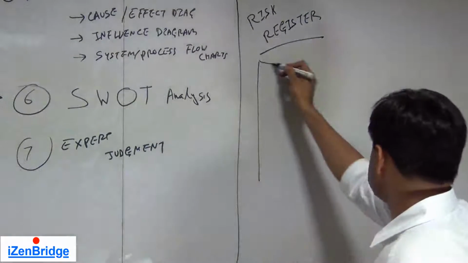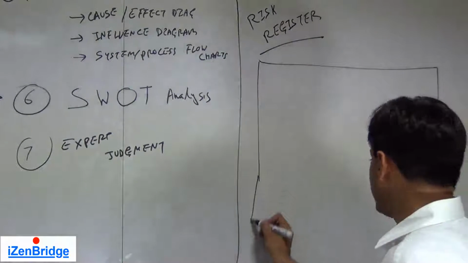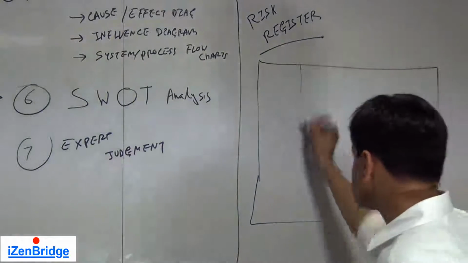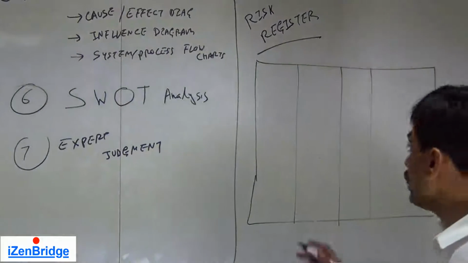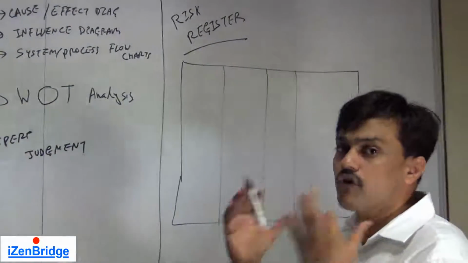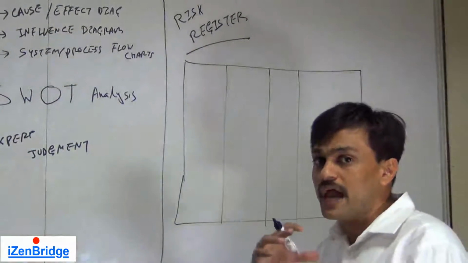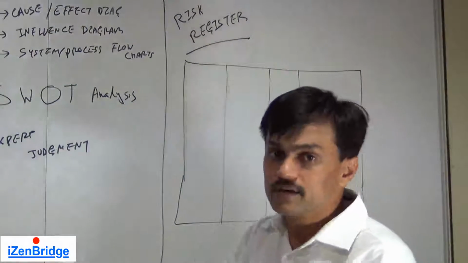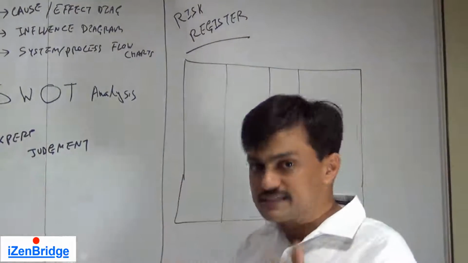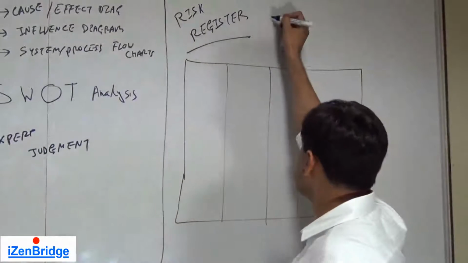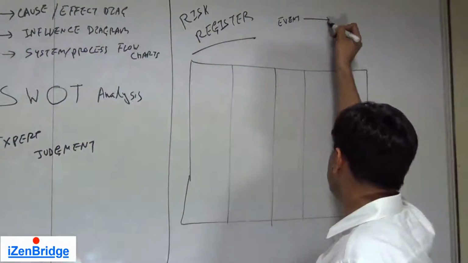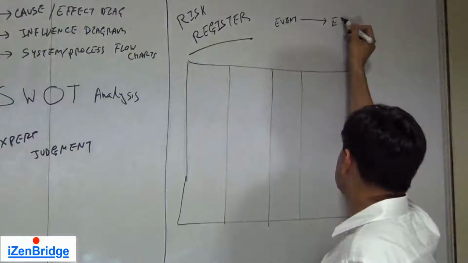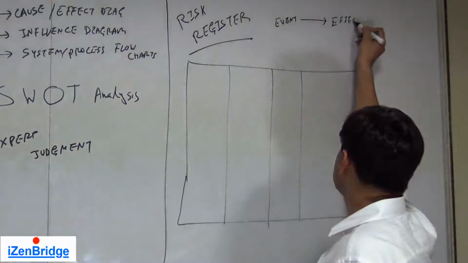You can visualize it as a kind of list which has risks listed. Risks should be listed in a given format. You should try to enforce a template or a structure for your risk statement. It could be: if this event happens, it can result in this effect.